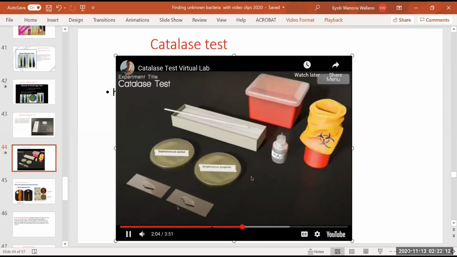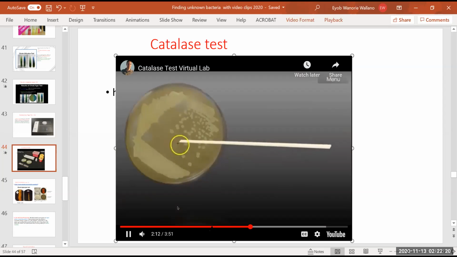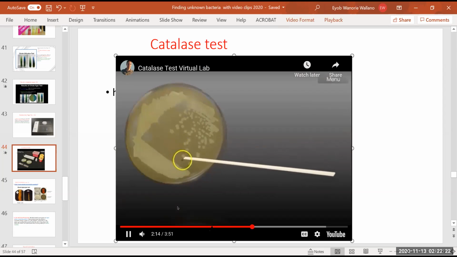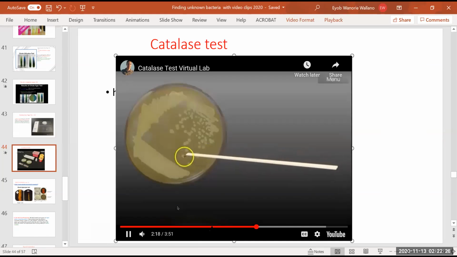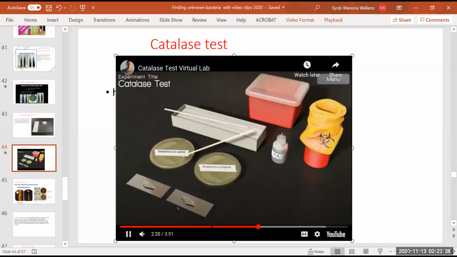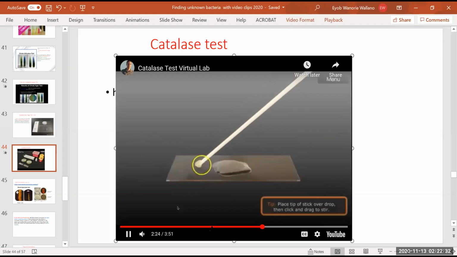Next, we take a colony from one of these two and add it to the hydrogen peroxide. Let's see if we can get an isolated colony here. Oops, missed it. Let's try again. There we go. And we'll put it in this hydrogen peroxide.